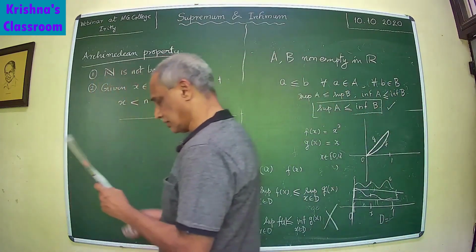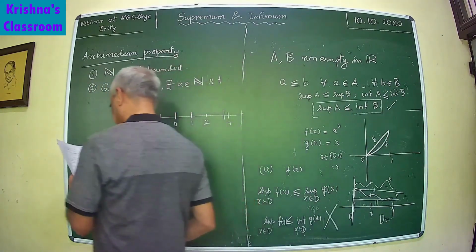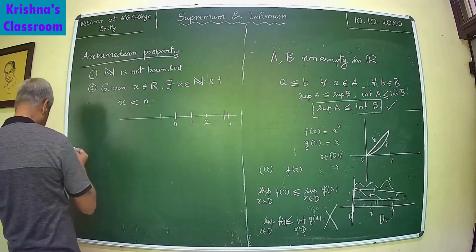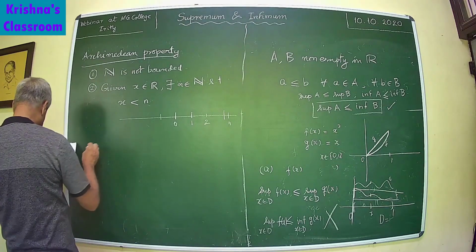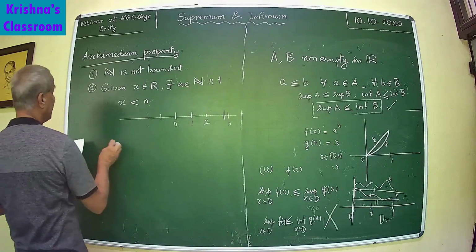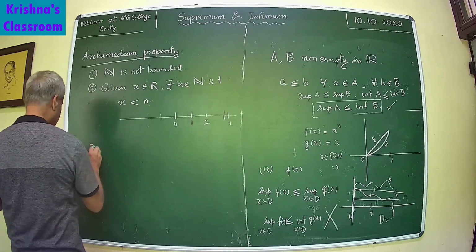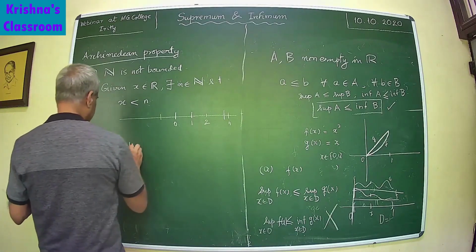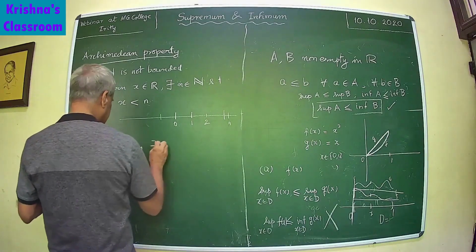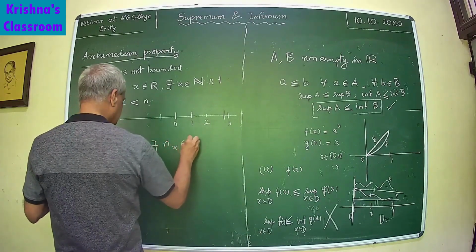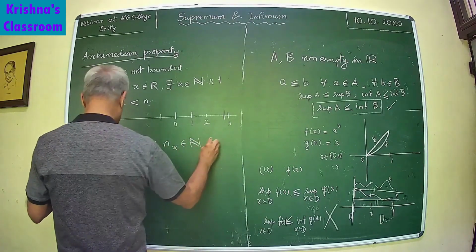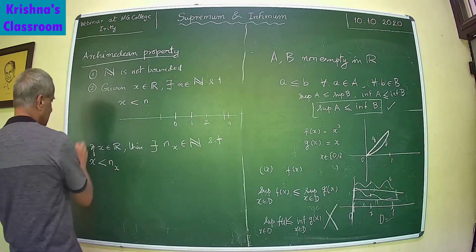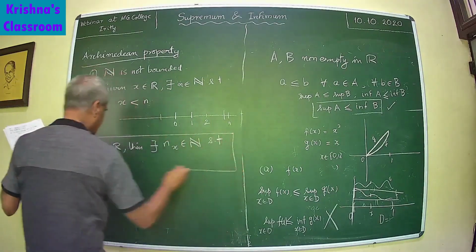This is called continuum. So let us prove this. Okay, let us look at this one. Archimedean property is then if x belongs to R, then there exists n belonging to N such that x is less than n. This is the property, Archimedean property that we are talking about.